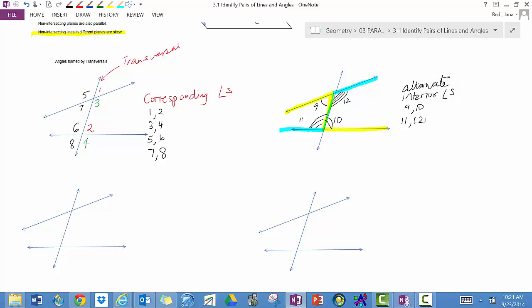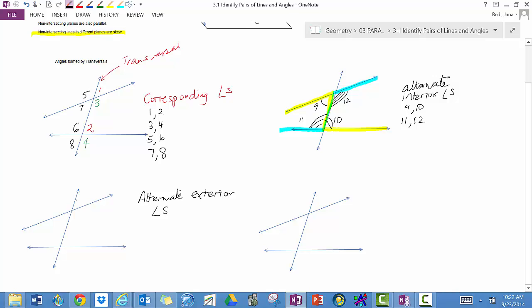Now that we have taken care of the interior angles, let's talk about alternate exterior angles. Well, just as before, alternate means they are on either side of the transversal, but now they're going to be in the exterior or outside the two lines. They're not going to be within the two lines, but they're going to be above or below.